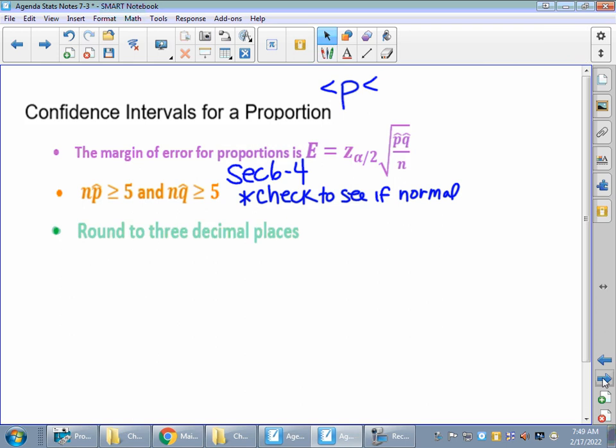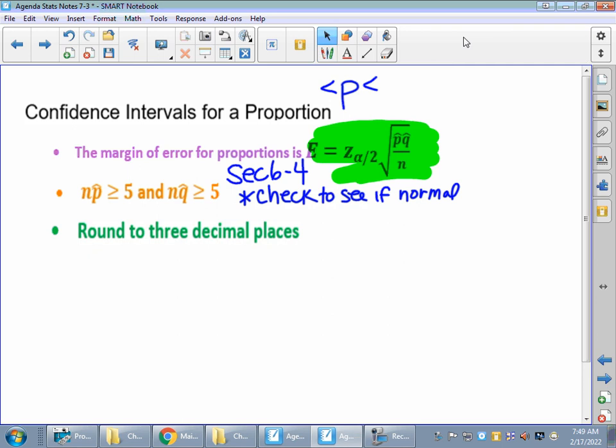And last but not least, we've got to work on the rounding, because I haven't been as strict about it as I should be. Round to 3 decimal places. This is important. Make sure you've got that formula. Our margin of error is what we add and subtract on both sides of that interval.